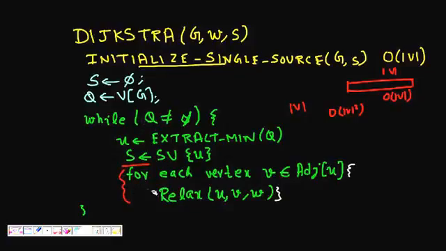For each of the nodes this is running, and for each vertex v adjacent to u, if we have a graph like this, for each adjacent node it is working and relaxing. So it means I am traversing the degree of that particular node, and this is happening for all the nodes.